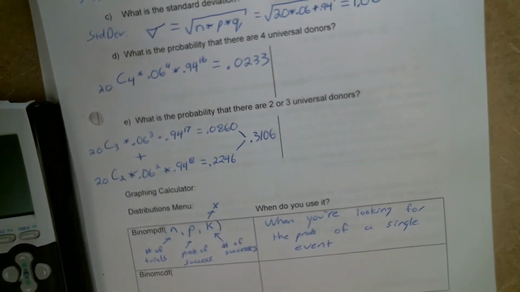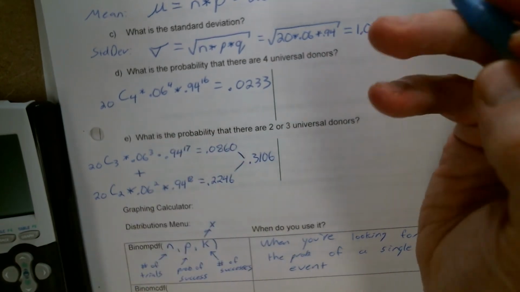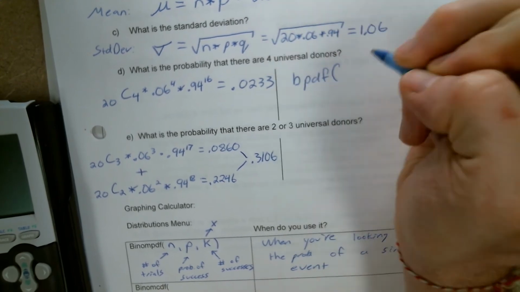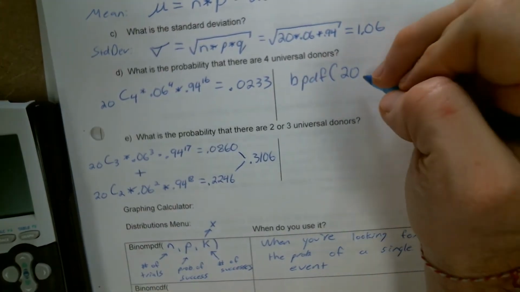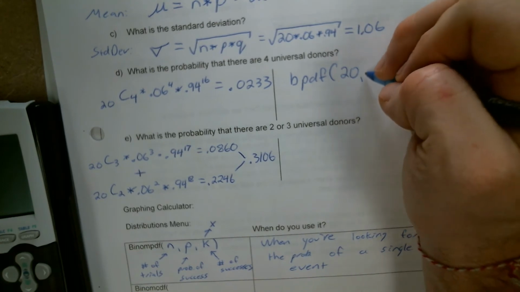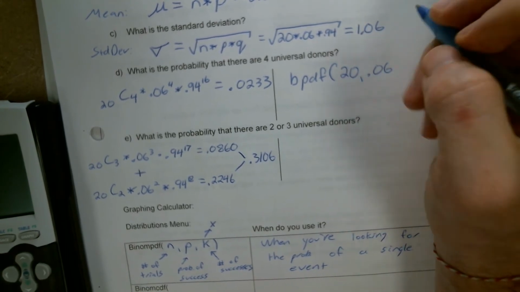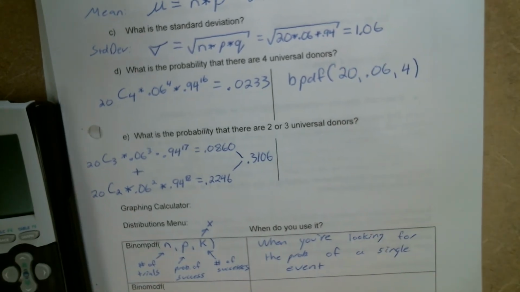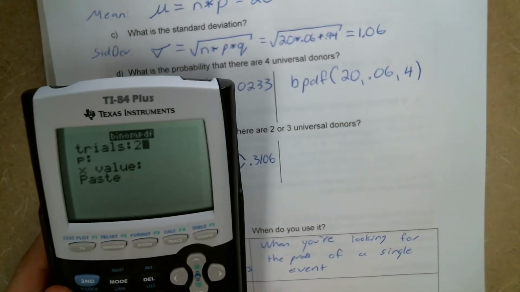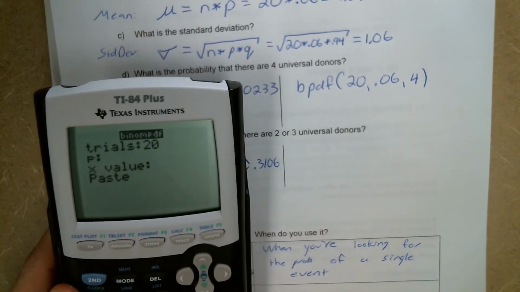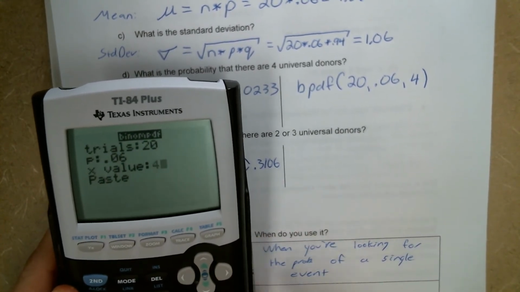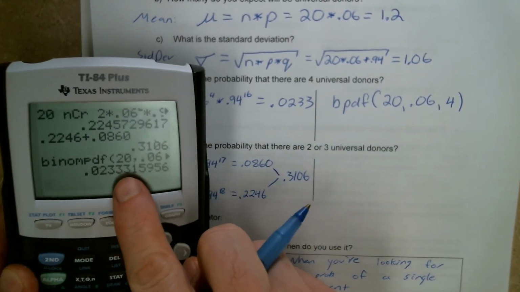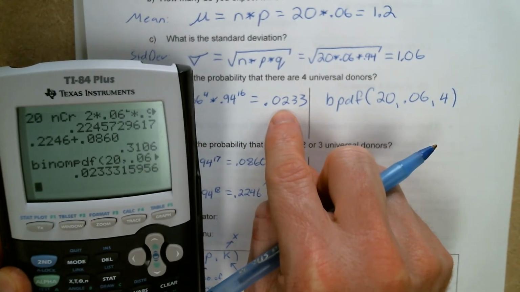So I could redo this problem up here as a binomial PDF where there are 20 trials and the probability of success is 6%, and I want to know the odds of getting exactly 4 successes. If I put that in there, 20, 0.06, 4, you're going to see that it gives me that same 0.02333 that I got the first time.